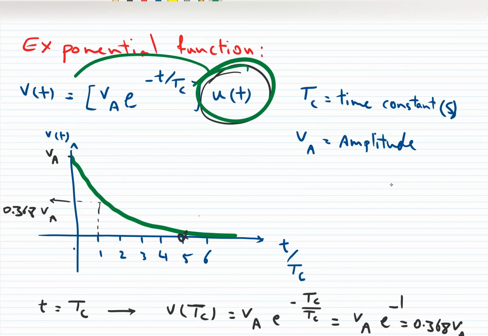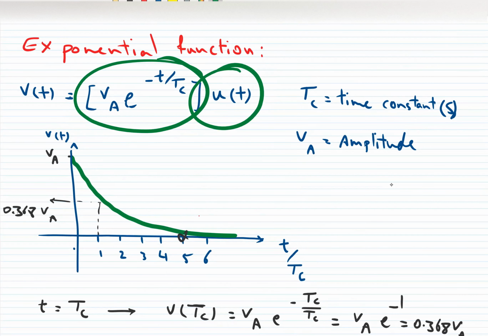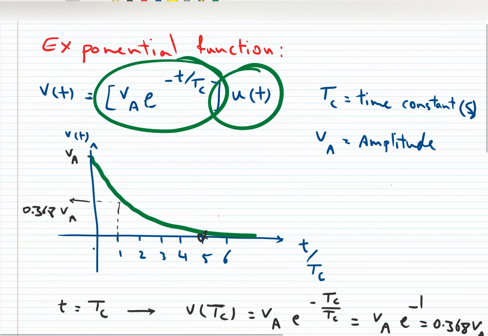We want to eliminate any signal for negative times or negative t. So we multiply this part by u of t. As a result, the signal will start from point 0.